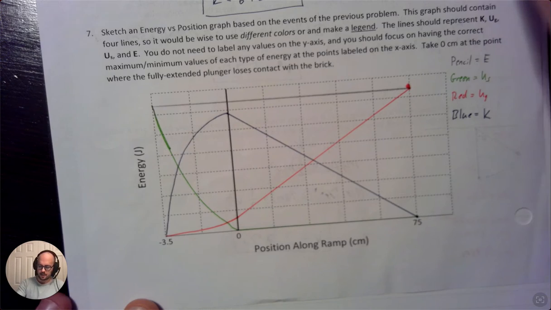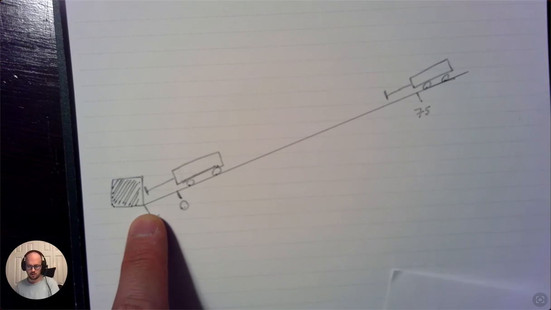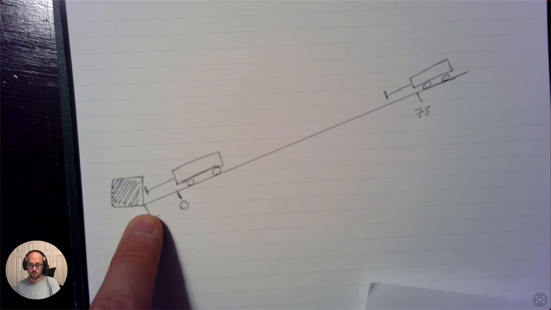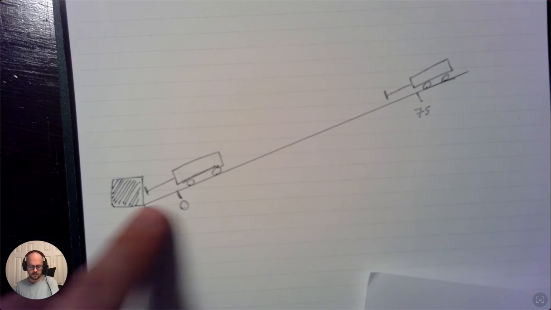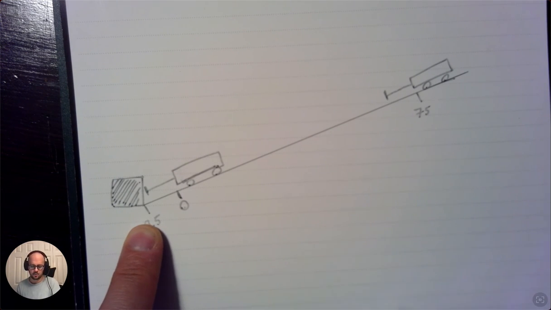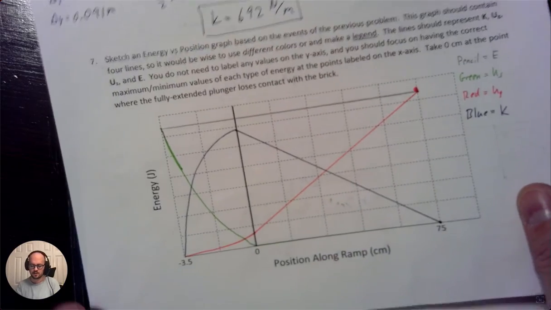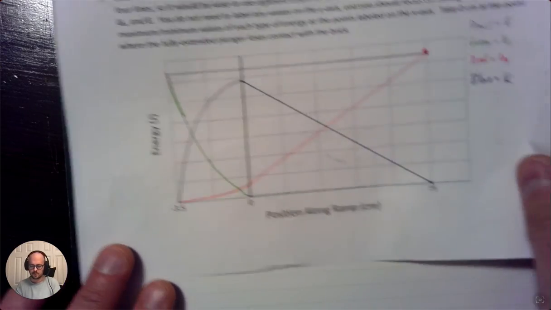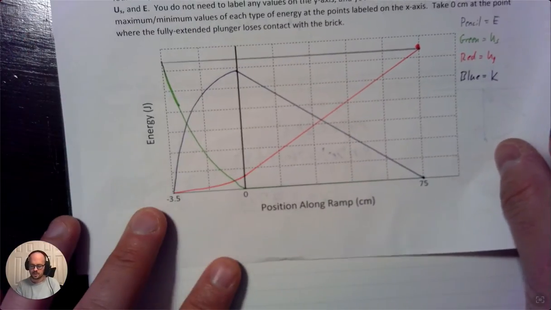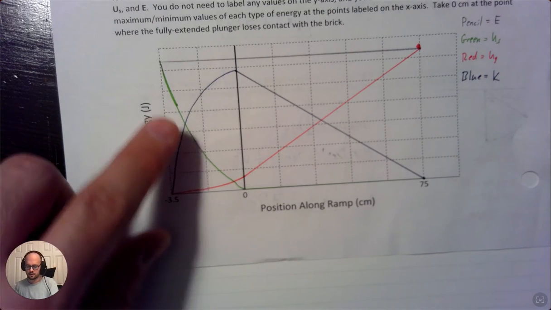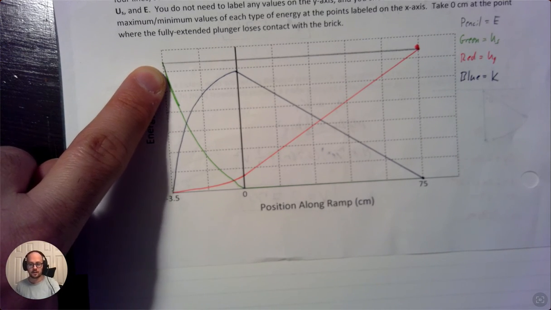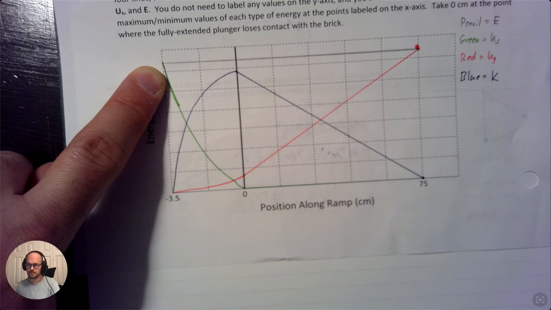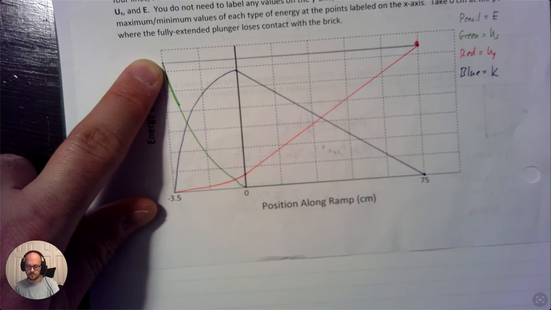At the same time, when the cart is all the way down at the bottom, it is not moving, which means it has no kinetic energy, and it's at the lowest part possible on the track, which means that there's no gravitational potential energy being stored. So we start at a moment when the elastic potential energy represents the entire mechanical energy stored in the system. So that's why it starts up there.